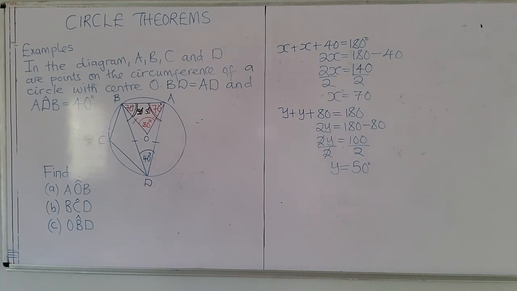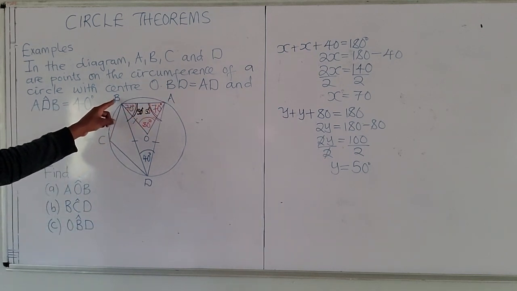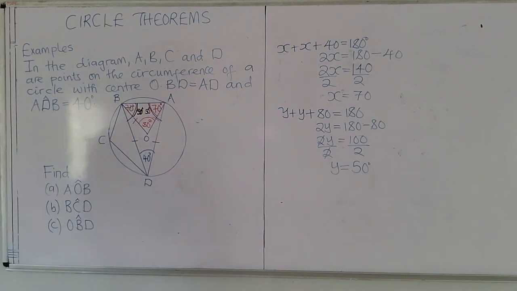I think the word cyclic comes from the word circle. So it is inside the circle, so it is termed a cyclic quadrilateral. And opposite angles in a cyclic quadrilateral add up to 180 degrees. So A and C are opposite angles, and B and D are also opposite angles.